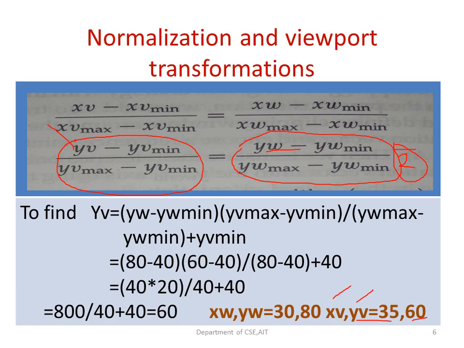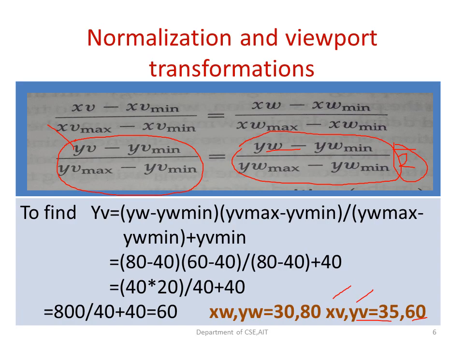We know the values of all other parameters, so we can compute yv. After computation using all the known values, yv is equal to 60. So now we have xv and yv as 35 and 60.